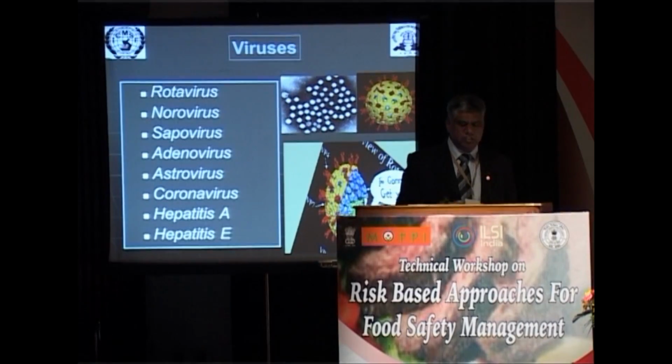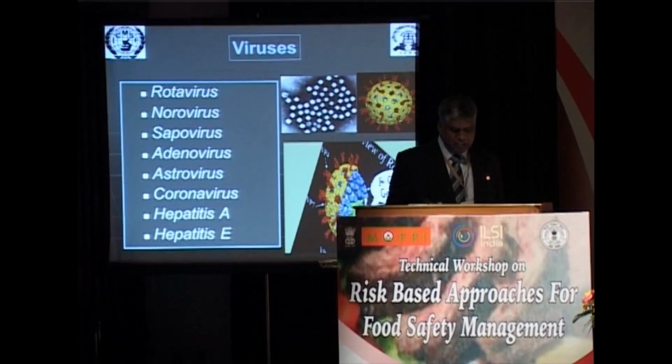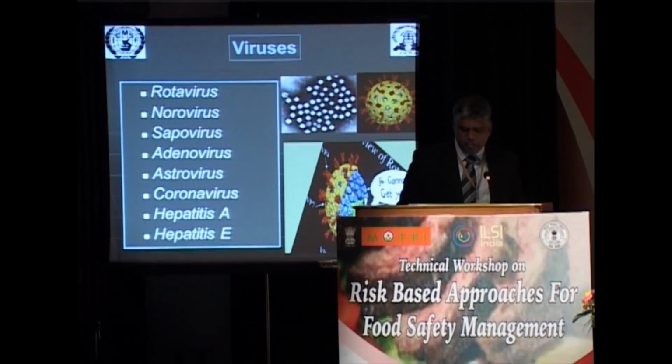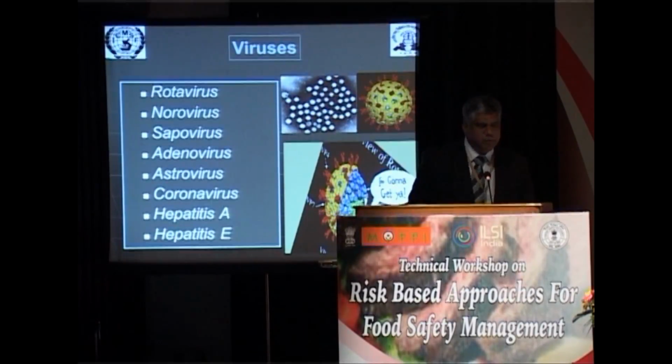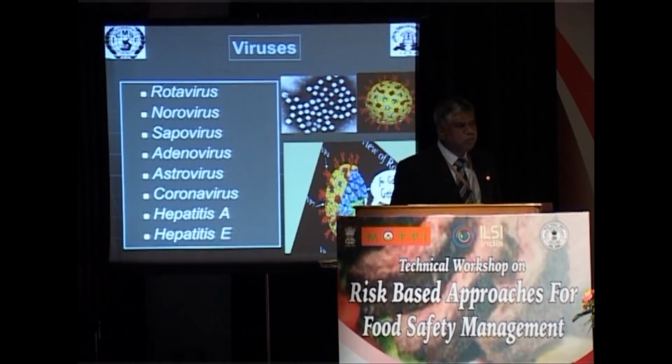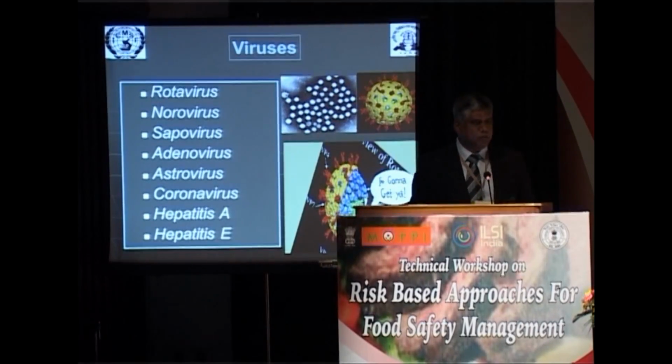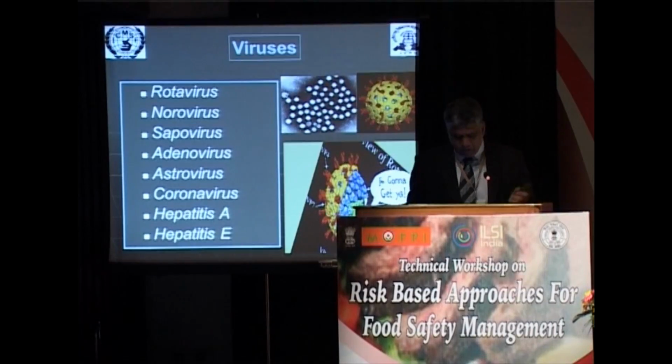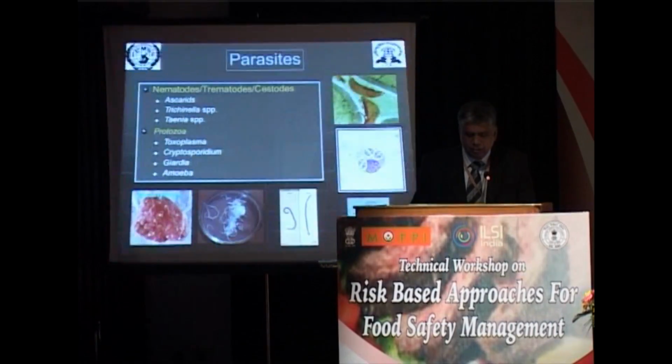But its association with food or water, that link still has to be established. And then hepatitis A and hepatitis E, both waterborne diseases, we have had several outbreaks in India in the past with these viruses.